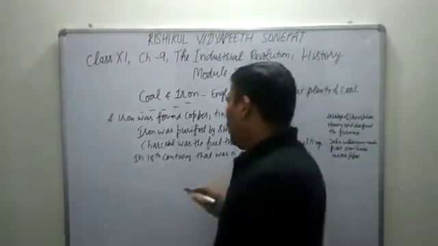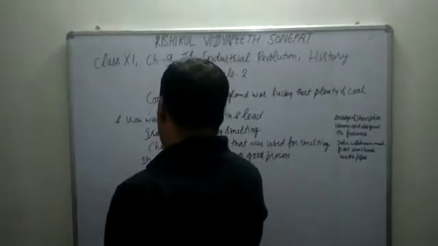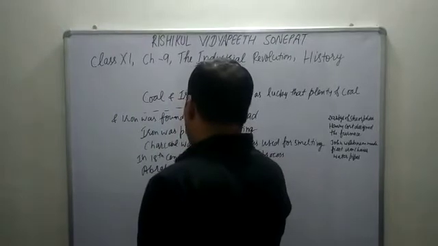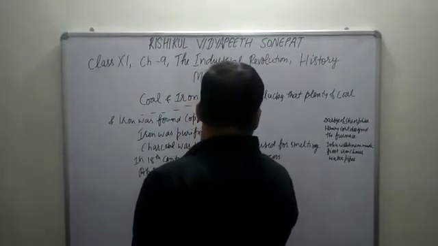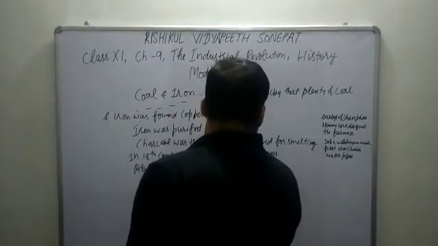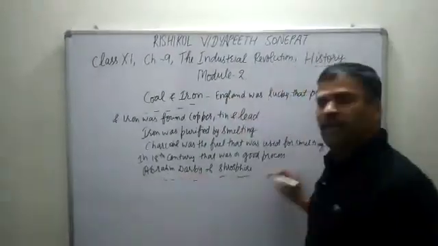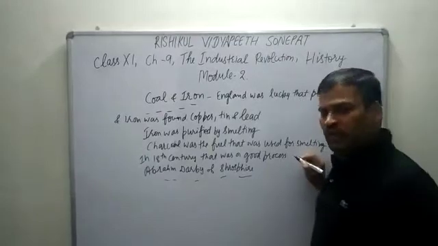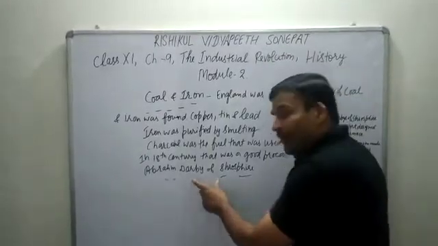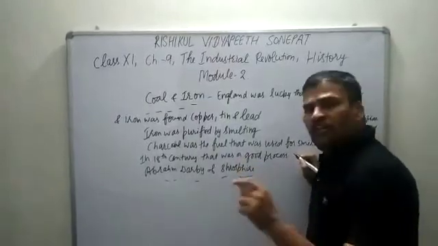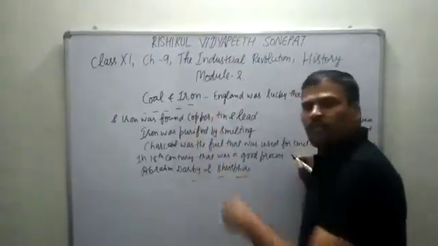Now the person was Abraham Darby of Shropshire. That was a family in the 18th century that gave the best results, with good innovations in the field of iron smelting.